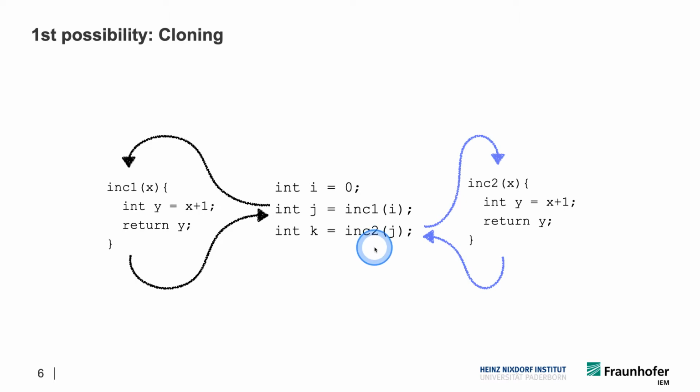Now you have cloned this procedure, and what you get is two independent calling contexts. This would indeed, for this program, give you a context-sensitive analysis. Now the value 0 is propagated here, it's turned into 1, which is propagated there, which then goes here, is incremented again, and is returned to there. Here you end up with the return value 2.